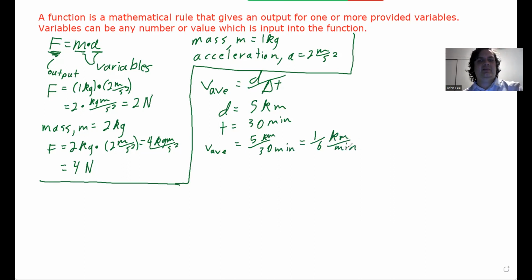But this isn't going to be our general form that we use. Generally for velocity, we use values of meters per second instead of kilometers per minute.